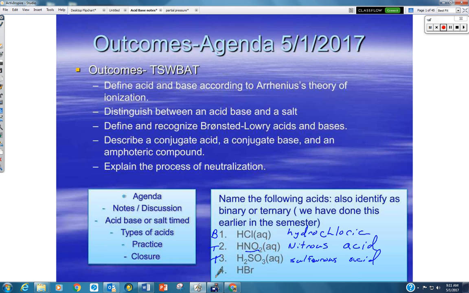And then the last one, HBr. All right, so this is a binary acid, and it's going to be hydrobromic acid.